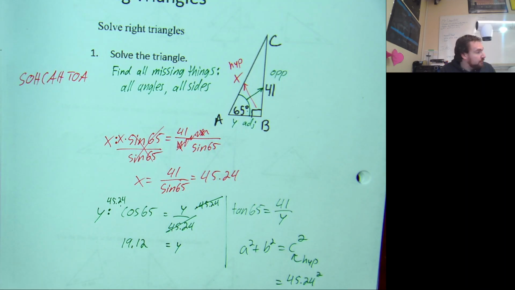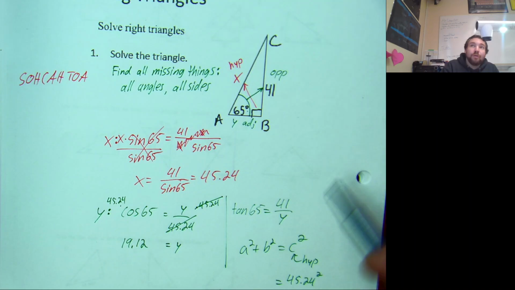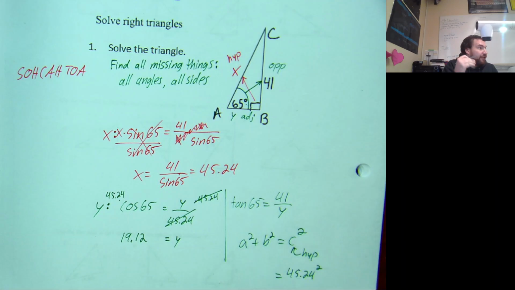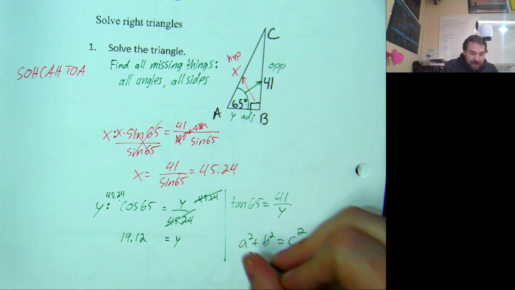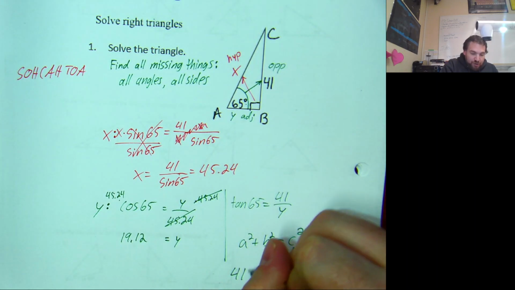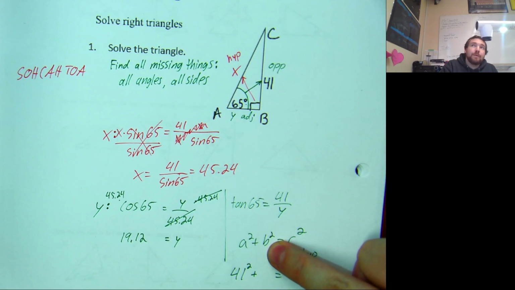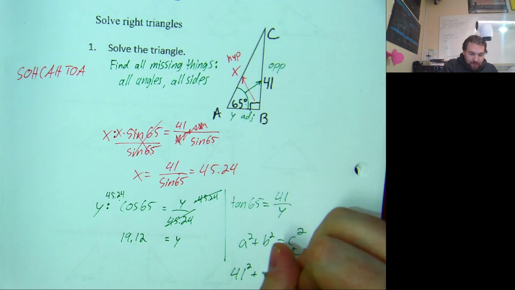Then you would square it and subtract either A or B. Let's give me values for A and B here. I want to write everything down step by step. A squared could be the opposite, which is 41. So I'm going to square that, and side B is y, so it's y squared.